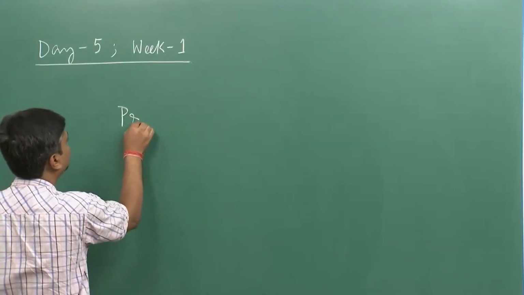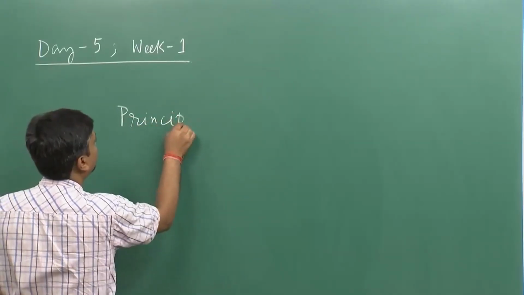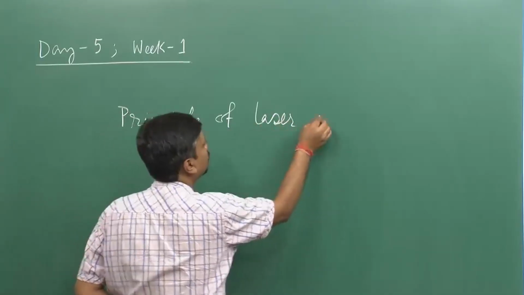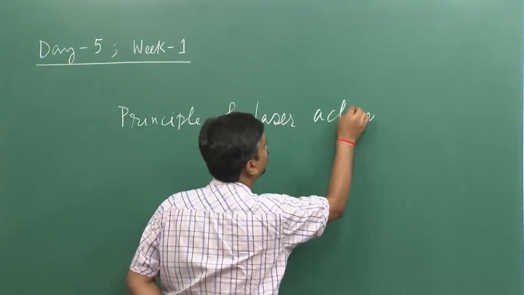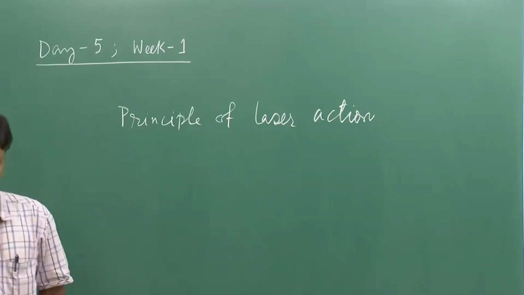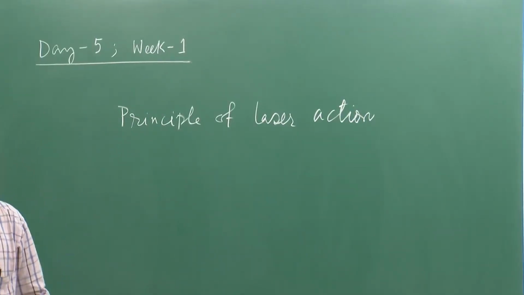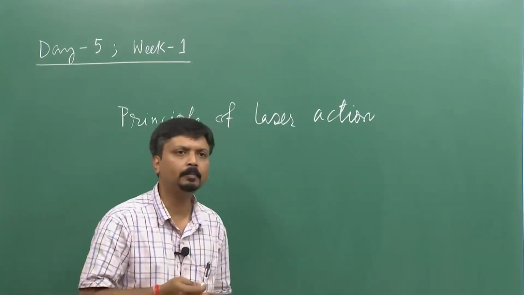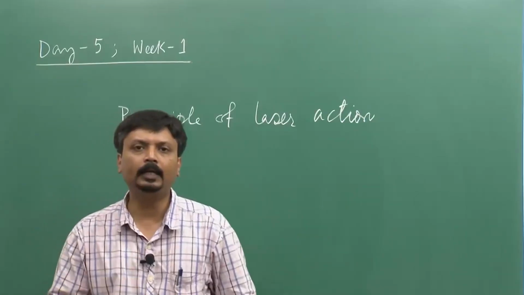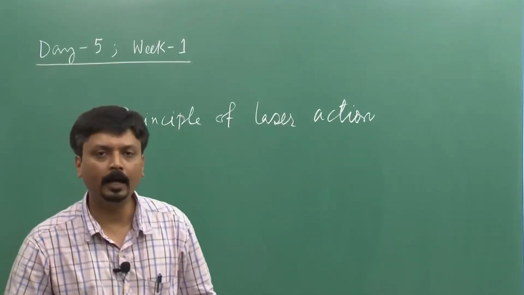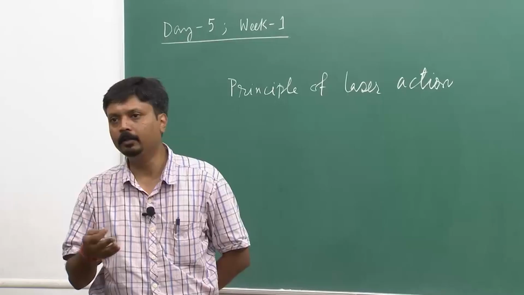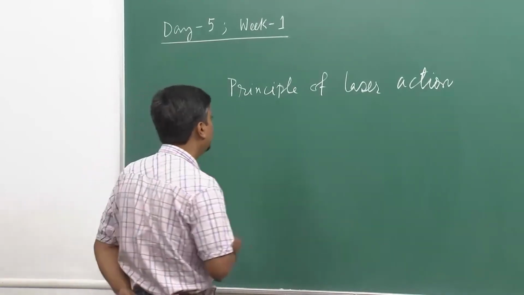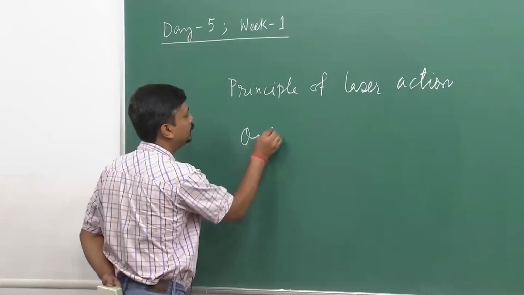In learning the principle of laser action, we started looking at the interaction between light and matter, taking the simple example of an atom and taking only two energy levels. So, constructing a two level system, we learnt about different optical transitions.